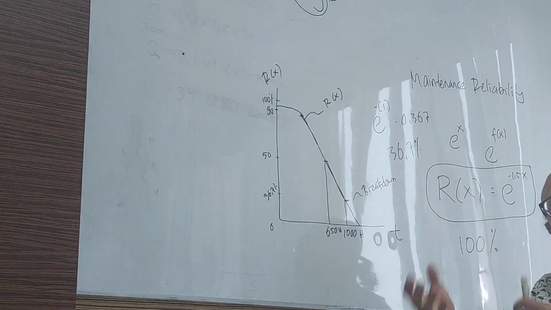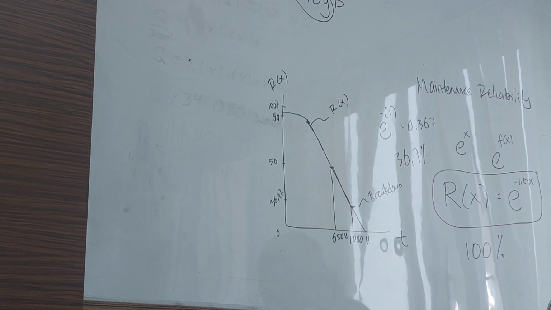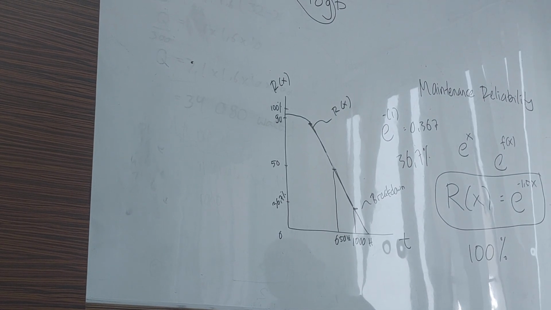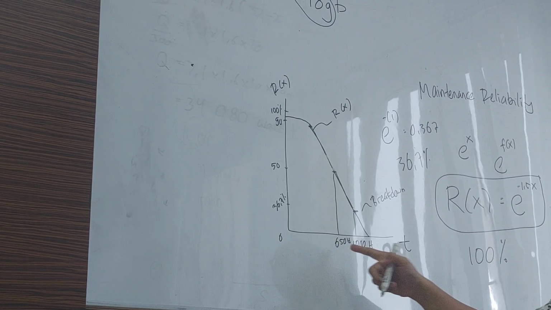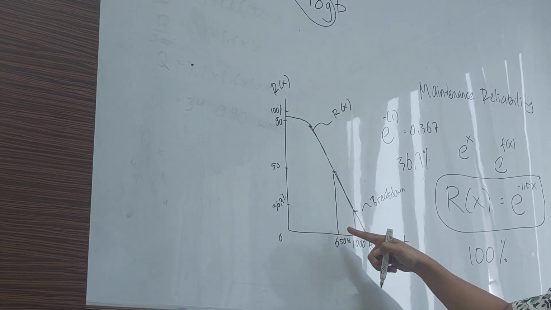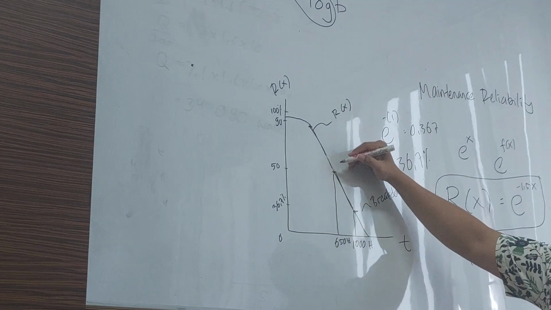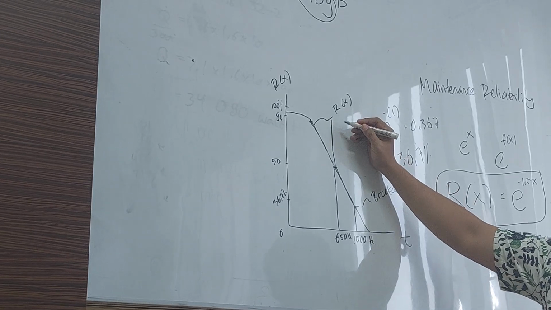Before the equipment breaks down, you will do the preventive action, for example, to change some parts, to give extra lubrication, to adjust the position. So the breakdown does not happen because you give good preventive action. After that, the reliability will come back to 100% again.